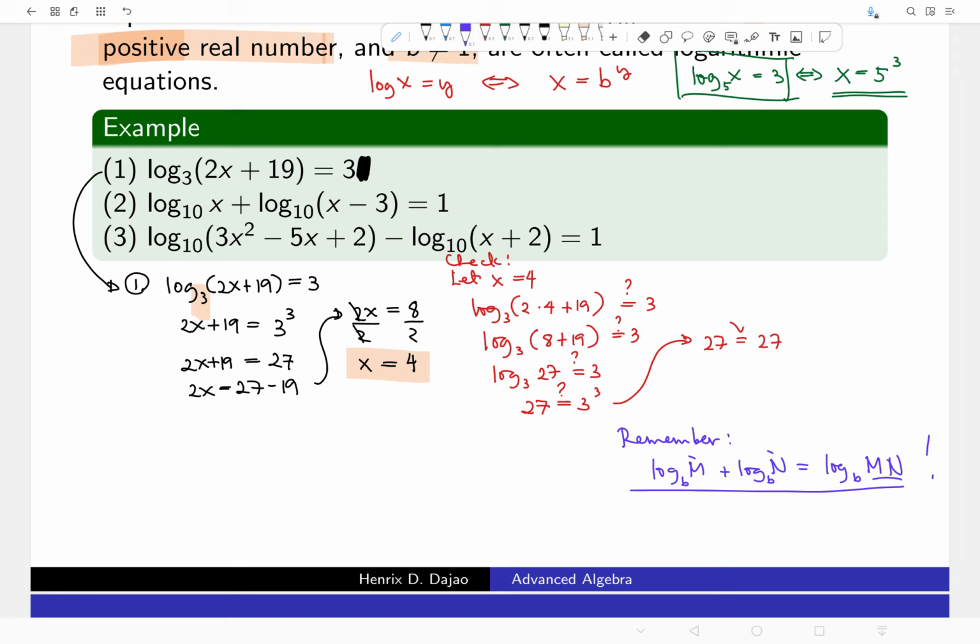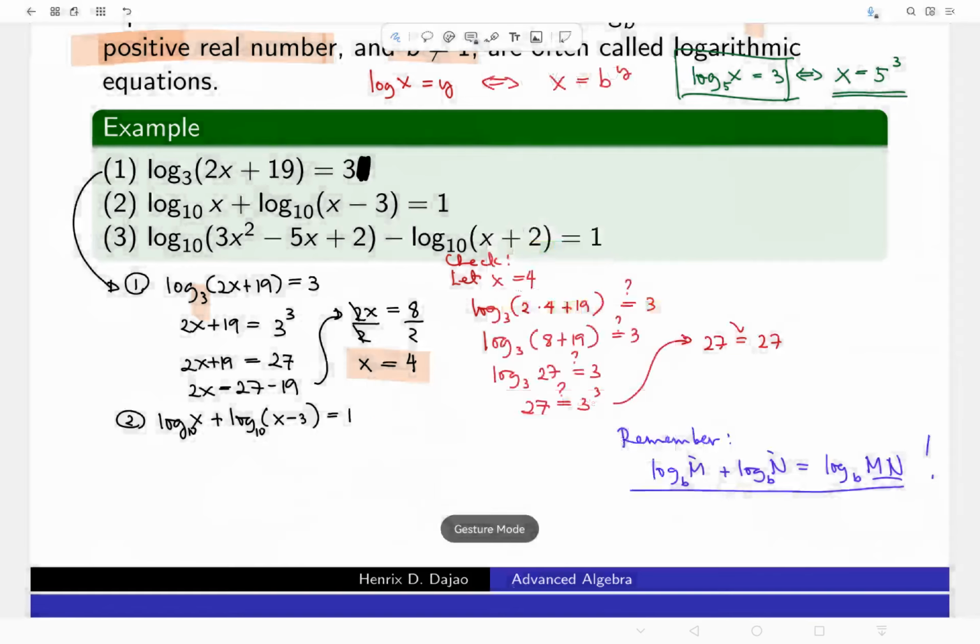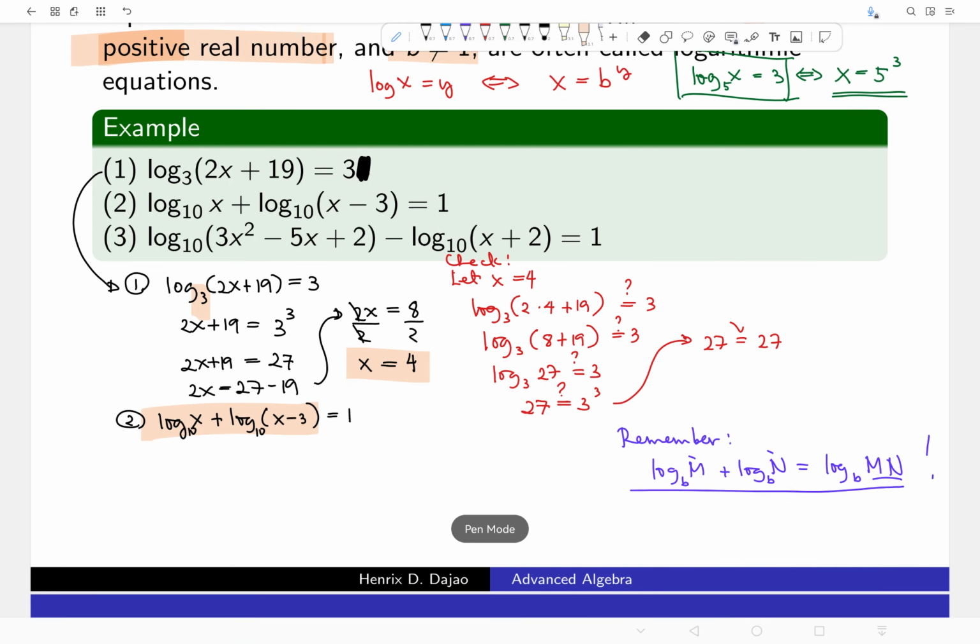Okay, so again we have number 2, that is the logarithm of x with base 10 plus the logarithm of the quantity x minus 3 with base 10 is equal to 1. What we will do here is express this as a single logarithm before we apply the equivalence.